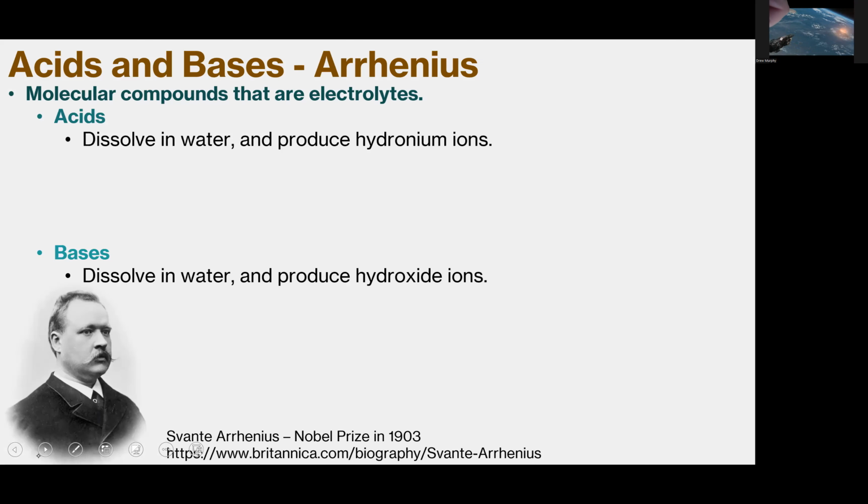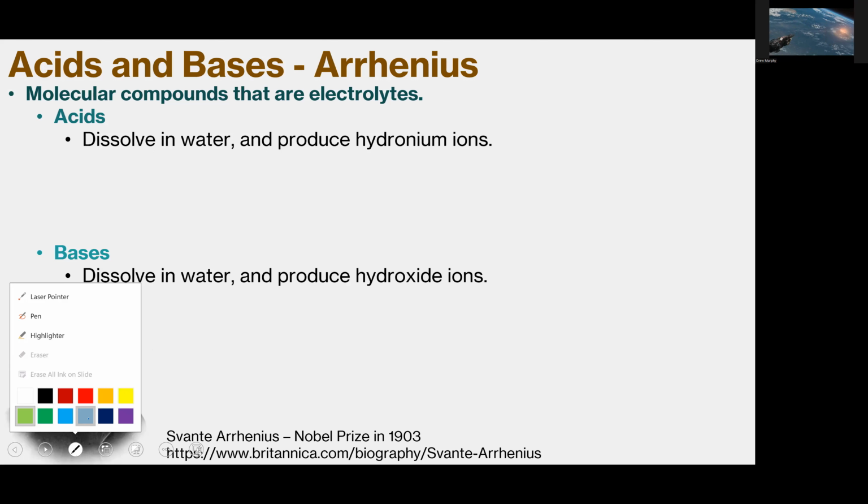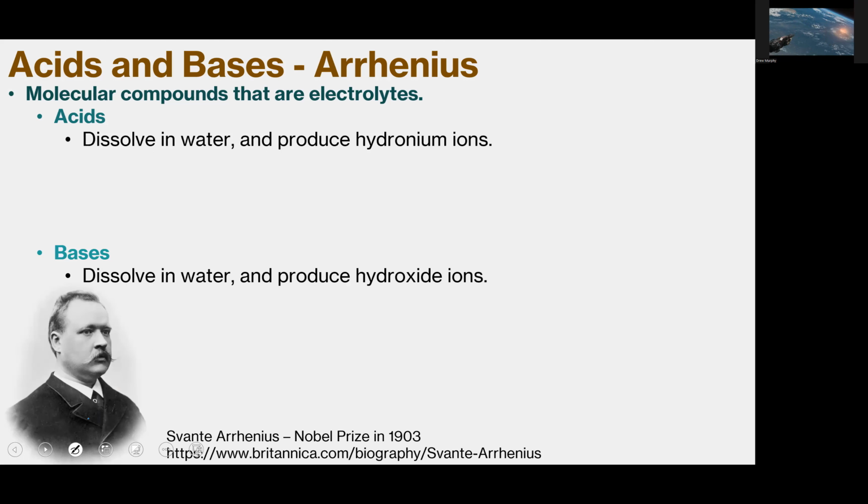Those molecular compounds that are electrolytes can be classified as either acids or bases. And we're going to come at this from the Arrhenius definition. This is Svante Arrhenius. He got the Nobel Prize in 1903. He's done a lot of stuff, but mainly it's the acids and bases that we're concerned about here. Acids dissolve in water and produce hydronium ions. We talked about hydronium ions already.